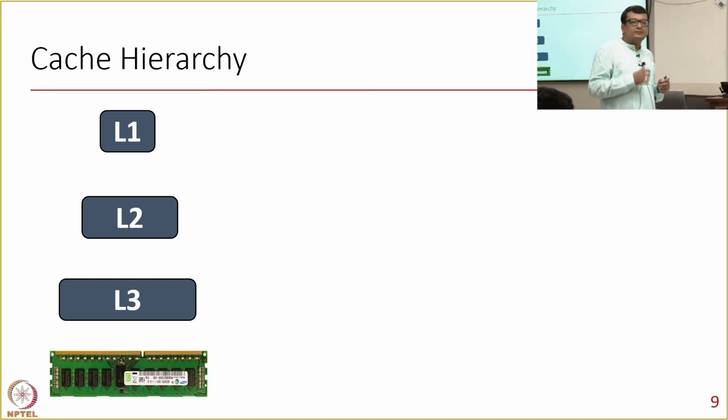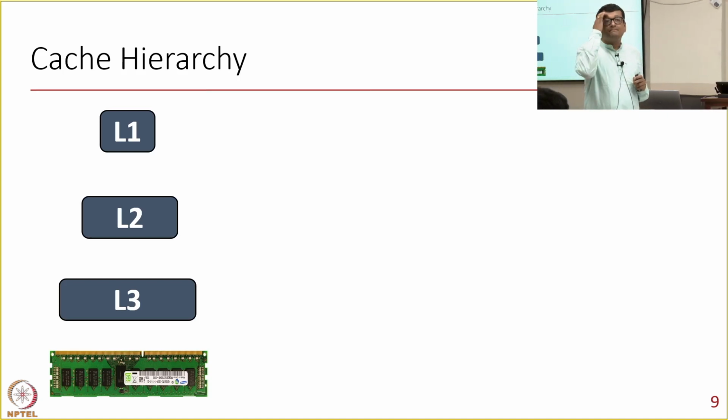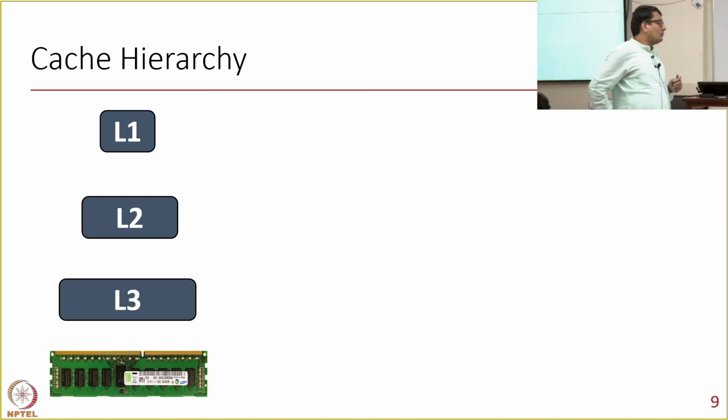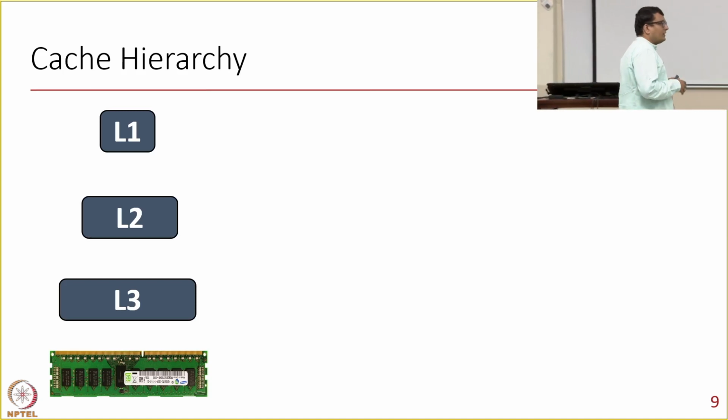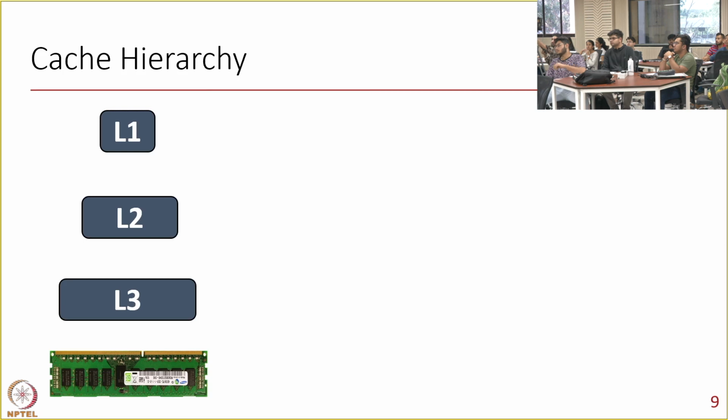So why do we need a cache? Faster access, okay. Yeah, give me answers. What else? Save time, faster access, same, right? Temporary storage, okay. Less use of main memory.